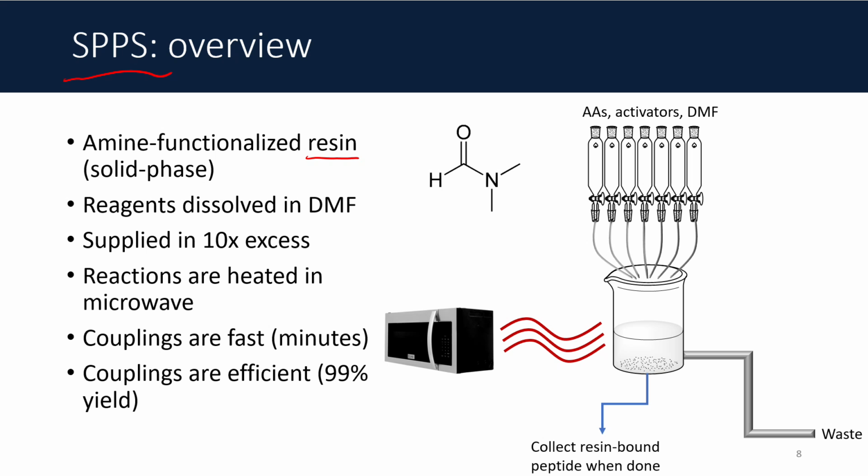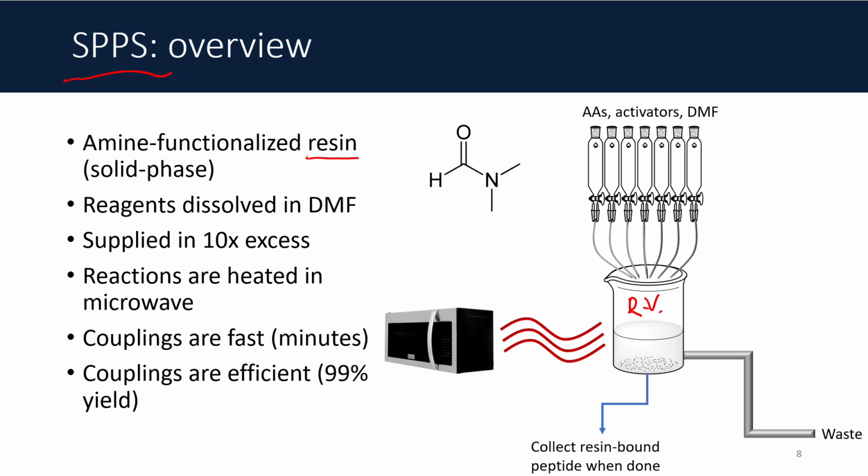At the heart of the peptide synthesizer is the reaction vessel. Sometimes we call this the RV for short. And the reaction vessel is basically a glorified beaker, but it has valves and openings at the bottom. So you can flush out waste and reagents as you work.